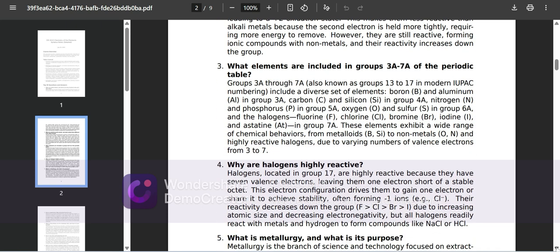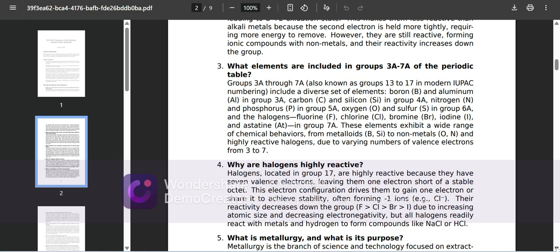What elements are included in groups 3A to 7A of the periodic table? Groups 3A through 7A, also known as groups 13 to 17 in modern IUPAC numbering, include a diverse set of elements: boron and aluminium in group 3A, carbon and silicon in group 4A, nitrogen and phosphorus in group 5A, oxygen and sulfur in group 6A, and the halogens fluorine, chlorine, bromine, iodine, and astatine in group 7A.